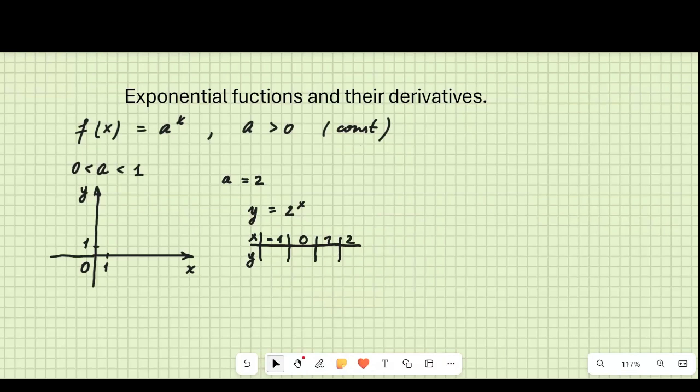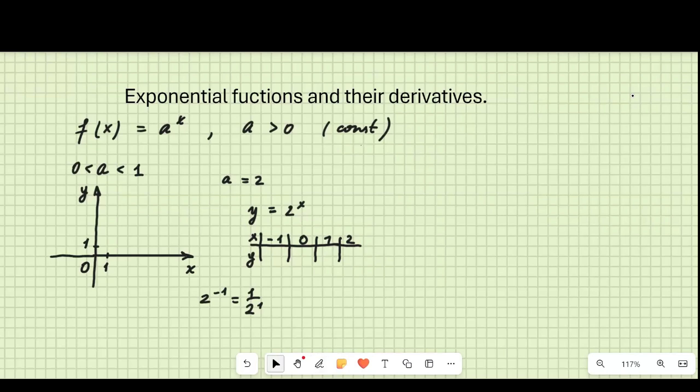So what is going to happen when we have 2 to the power of -1? Let's write it down: 2 to the power of -1. You remember that it's actually 1 over 2 to the power of 1, right? The -1 means that the power sits in the denominator.